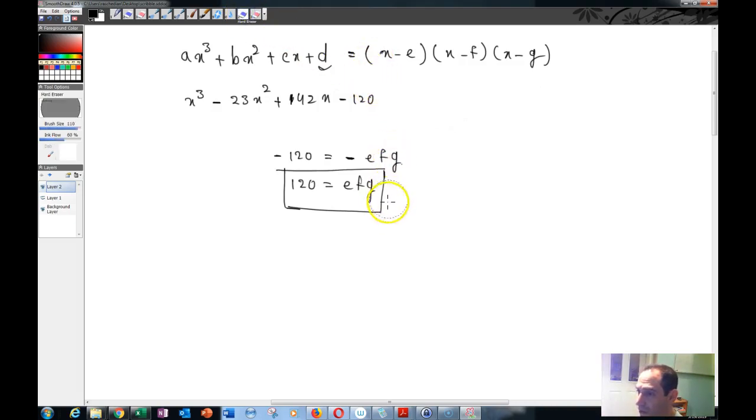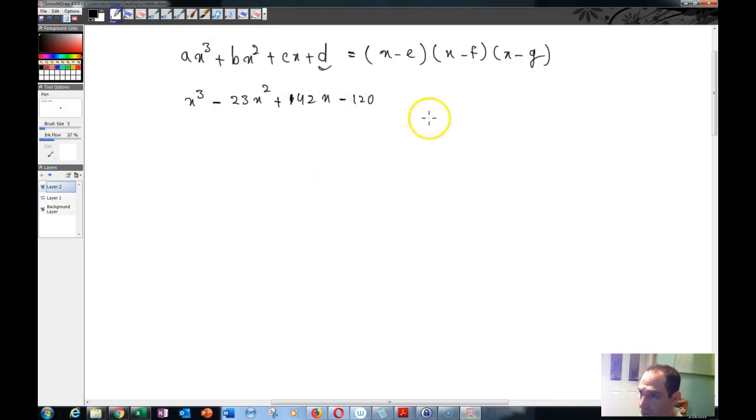So now basically 120, if you want to prime factorize it, that would be 1 times 120. That would be 2 times 60. That would be 2 times 30. That would be 2 times 15.